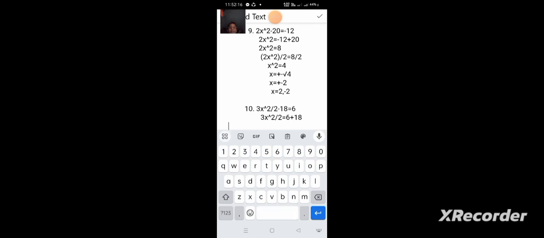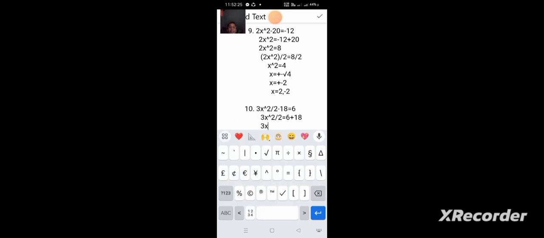Then collecting like terms, so you will have now the equation is 3x raised to 2 divided by 2 equals 6 plus 18 is 24.